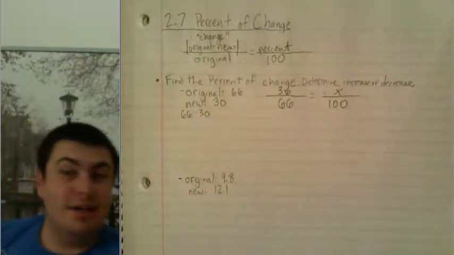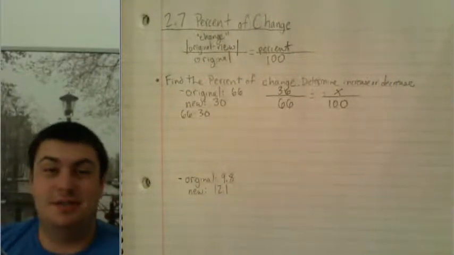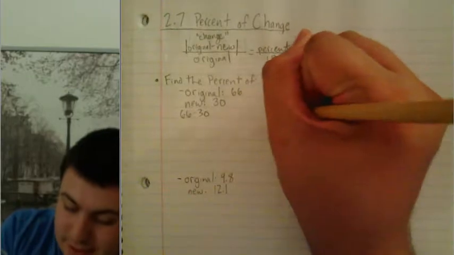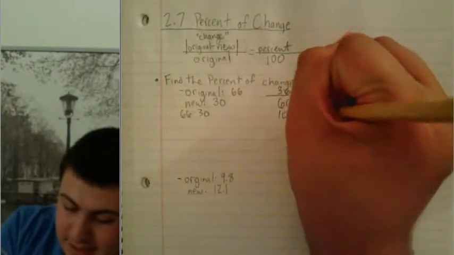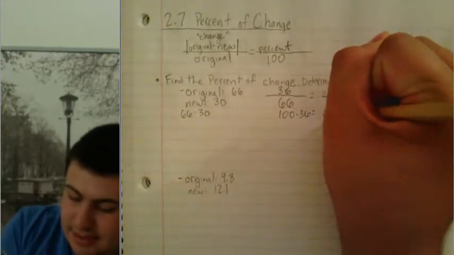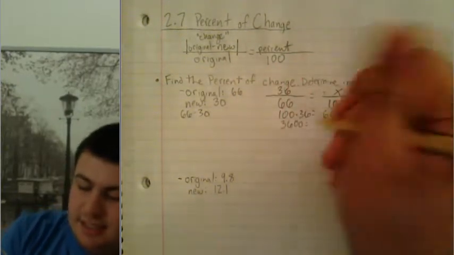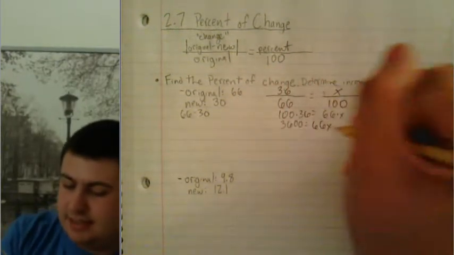And now we're going to solve using our cross product or our means extremes proportion rules. And we're going to say 100 times 36 equals 66 times x. So 3,600 equals 66x.